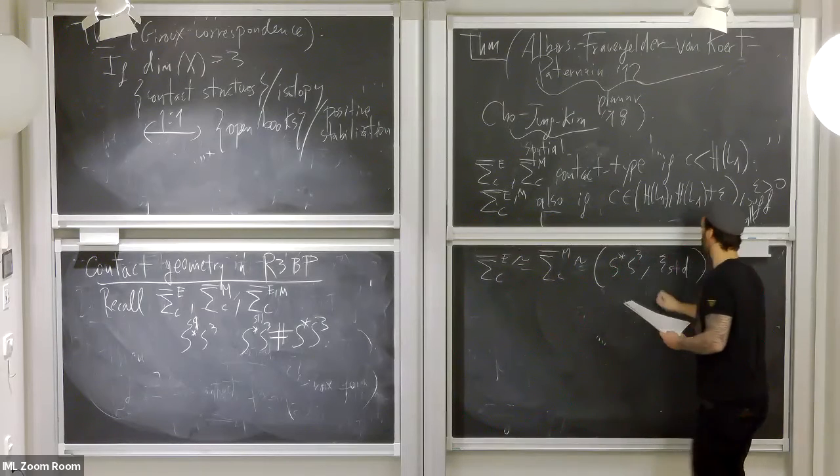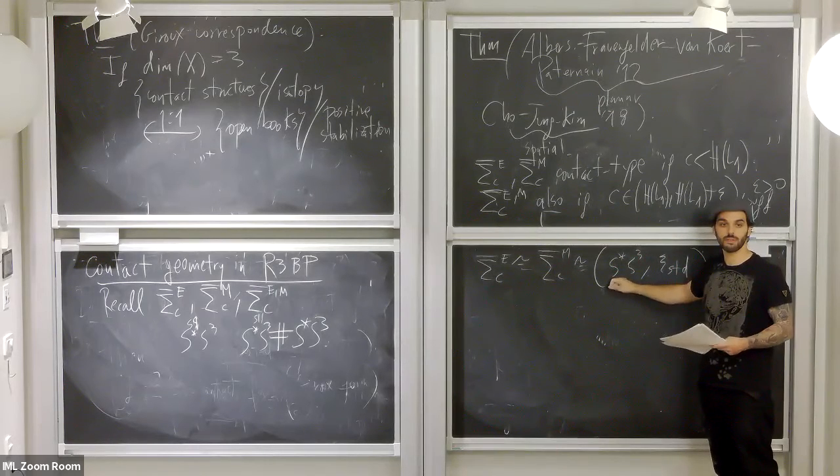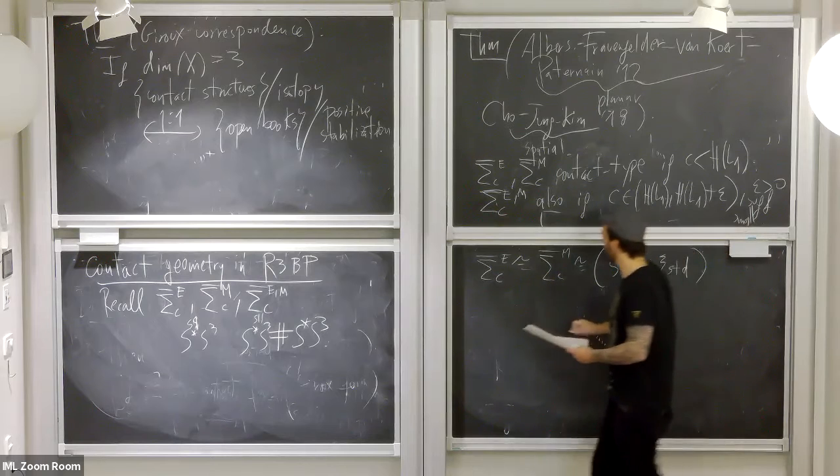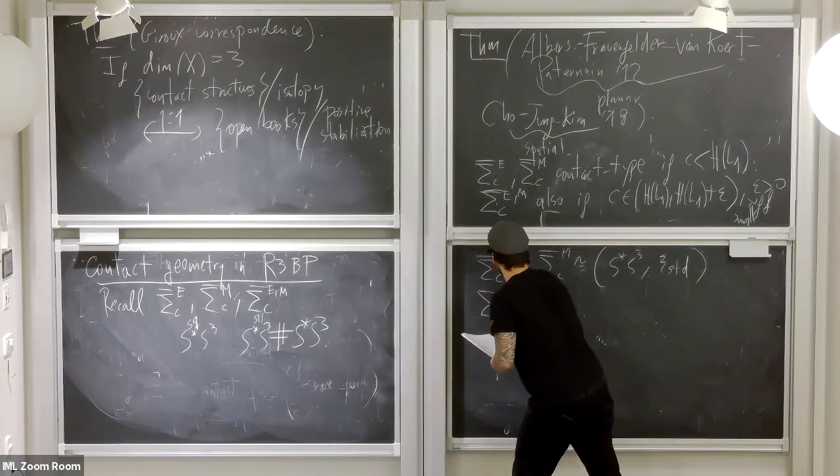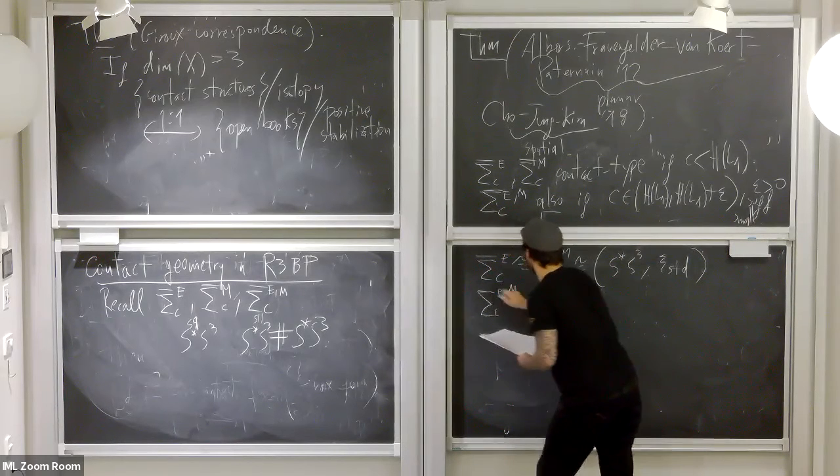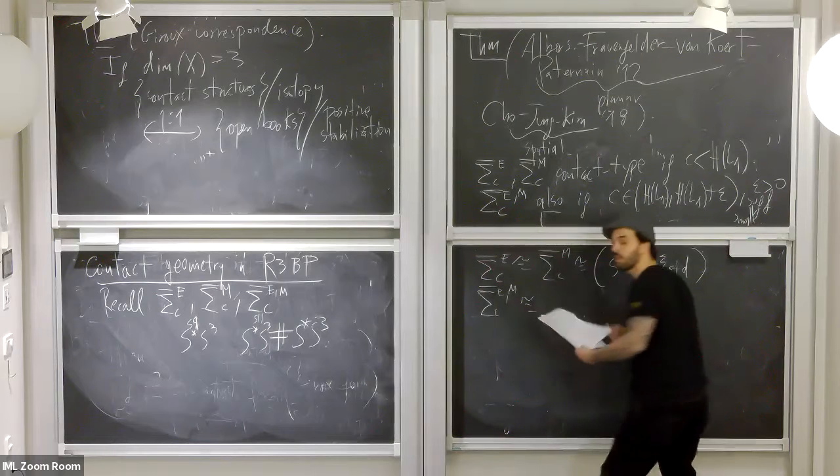The standard contact structure on the unit cotangent bundle of S3. And the connected sum is the connected sum, but in the contact category.